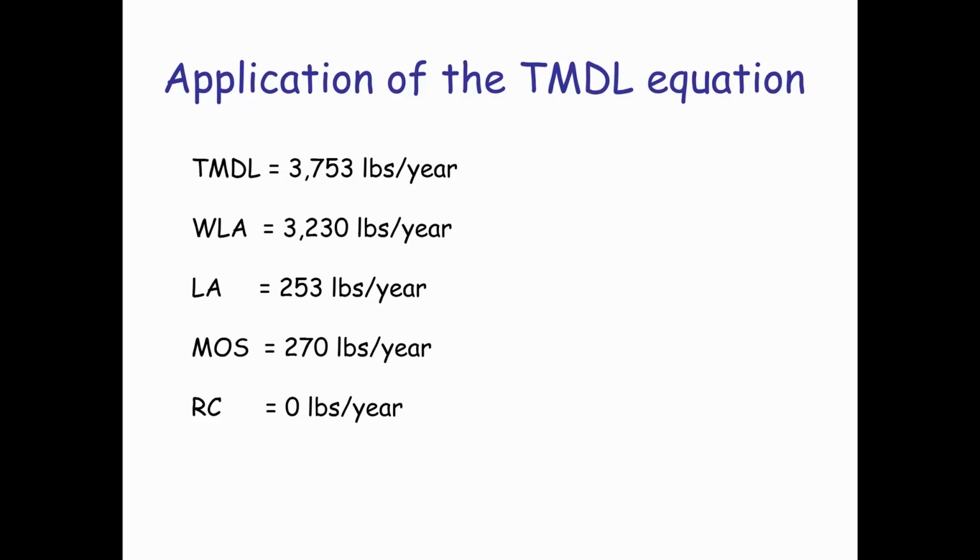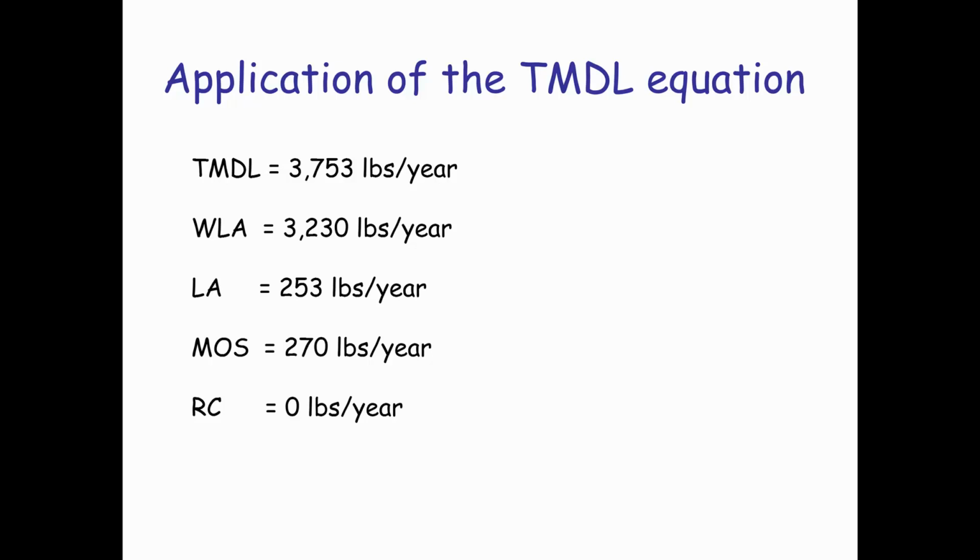For this study, the TMDL was set to 3,753 pounds per year. The watershed load allocation was set to 3,230 pounds per year. The load allocation was 253 pounds per year. The MOS was 270 pounds per year.